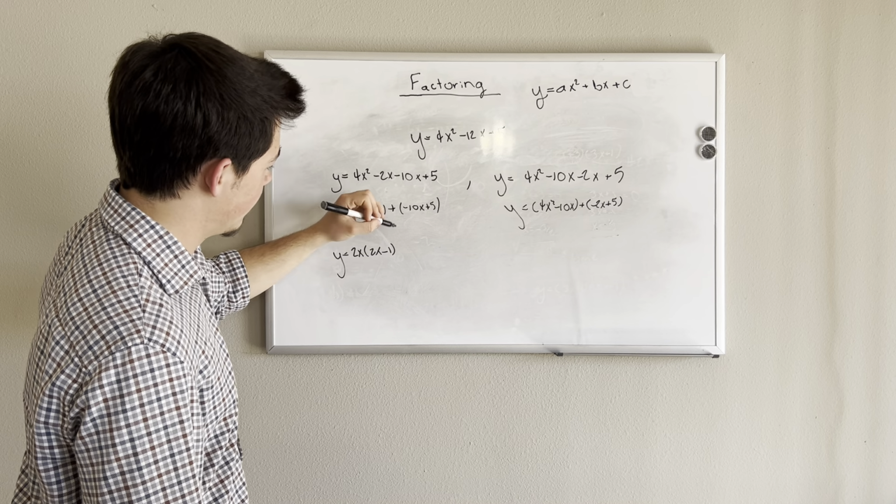Even if this was like, let's say negative 49, the square root of that would be 7i, where i is equal to the square root of negative 1. It's an imaginary number. We can't factor this over real numbers because it's less than 0, even if this was a perfect square number. So since our delta is less than 0, for our purposes, we can't factor this.